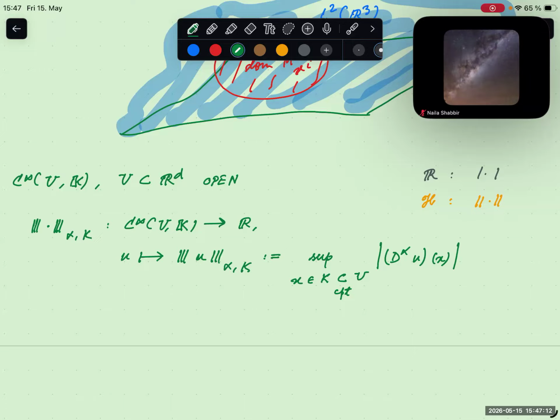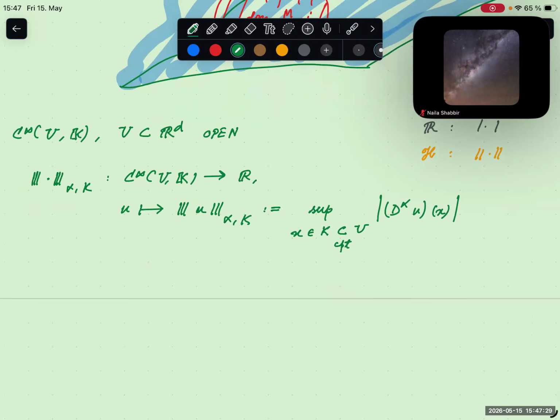So in other words, we can say that a sequence converges in this C-infinity space if and only if its derivative converges uniformly on compact sets, right? Because this is our K compact.